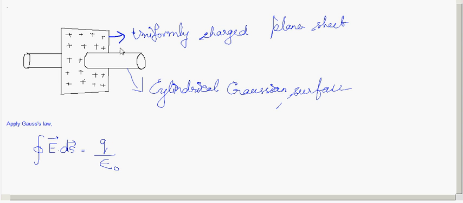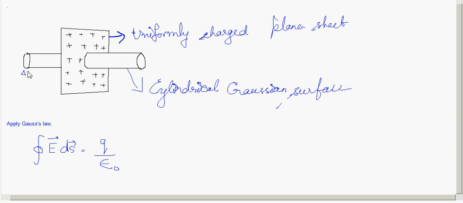Now this cylindrical Gaussian surface has three faces. This is the flat surface, this is also a flat surface, and this is the curved surface. So we'll consider a small area in each of these surfaces. So let us say this small area is delta S.